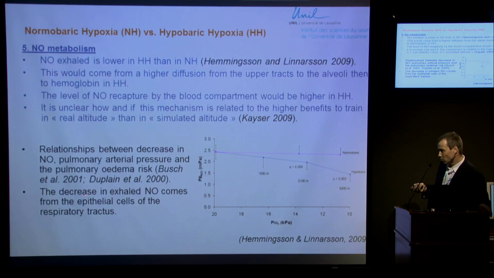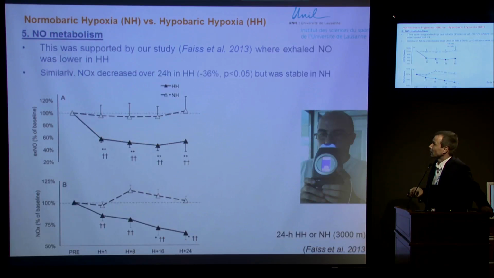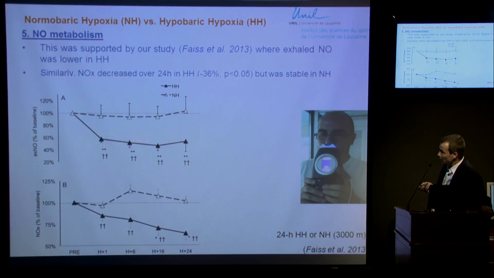And we know also that the decrease in the exhaled NO that has been shown here in HH comes from the epithelial cells of the respiratory tract. In the study of Raphael, we found the same results. Here you have the data on the exhaled NO, and the data on the blood nitrate and nitrite.